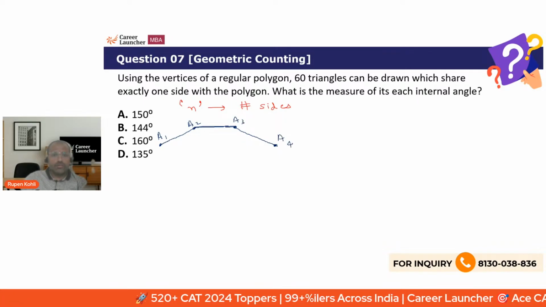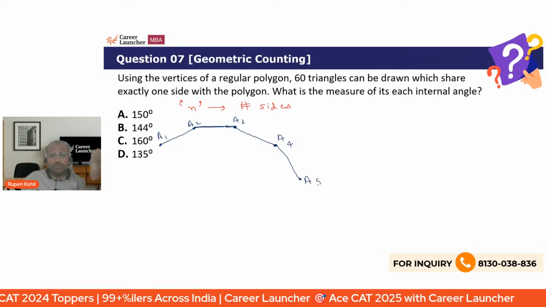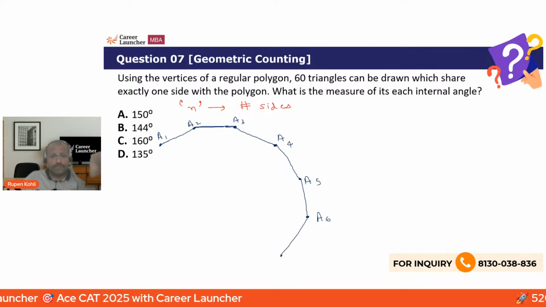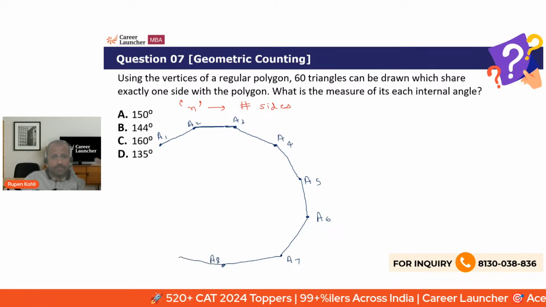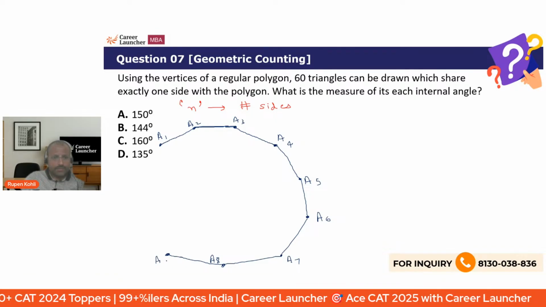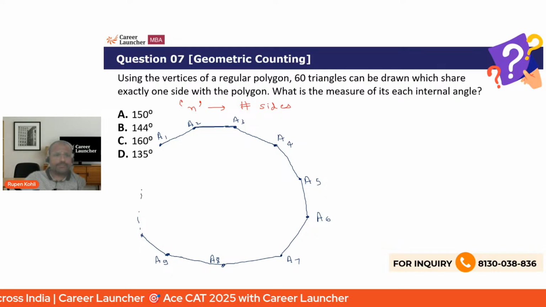I don't know where it closes, where it ends, but I need to mark some points so that I can explain and understand the situation. So I'm drawing some vertices over here. Okay, I think that is sufficient, and it can continue till I don't know where. So I'm leaving it open ended.